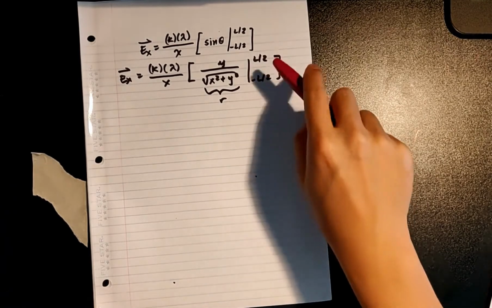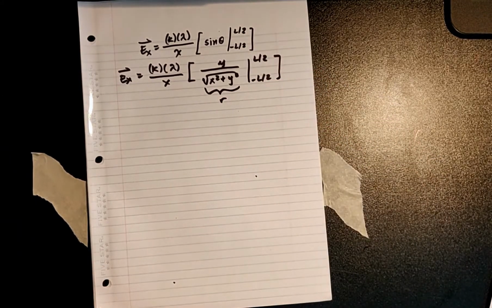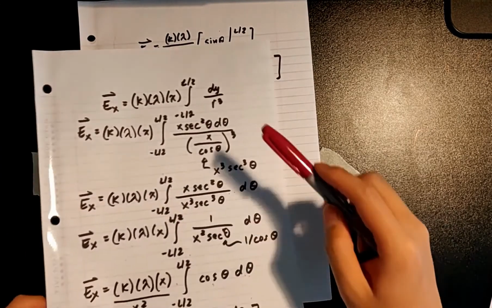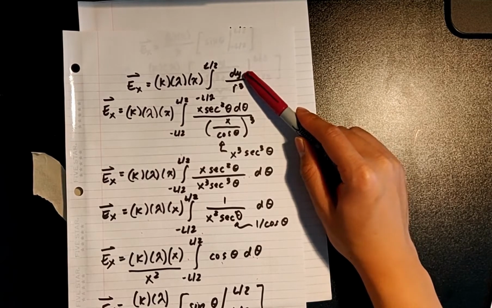So now we can just plug in our limits of integration. And if you don't remember what to plug it back into, just remember that we were integrating with respect to dy. So that just means we have to plug it into y.